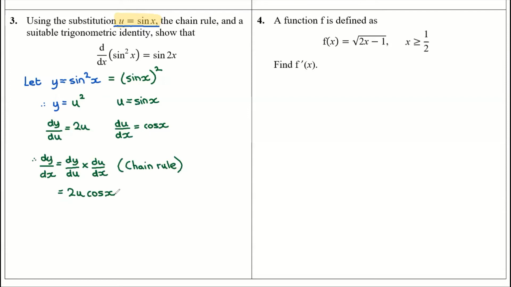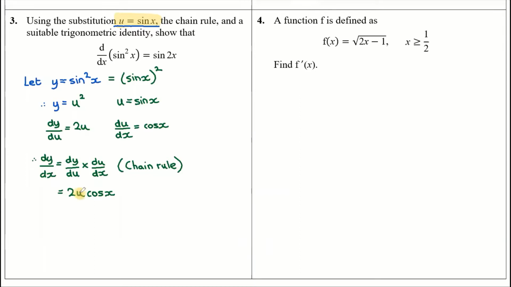We've still got to substitute in the u, and please don't forget to do this. If your derivative is dy by dx, or if you're differentiating y with respect to x, your solution should be with respect to x. So it should have the x variable in it. We have seen situations where you can have the y variable in it as well, but there shouldn't be any u's in there.